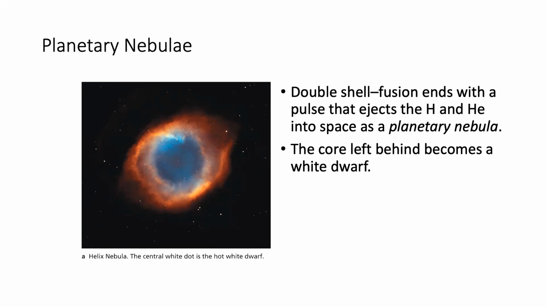Right? And so you might wonder, well, if it's not, don't stars need fusion to support themselves? Isn't that how they sort of keep themselves alive while gravity is trying to crush the star?